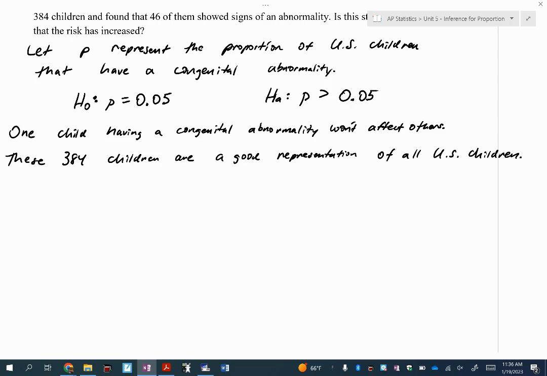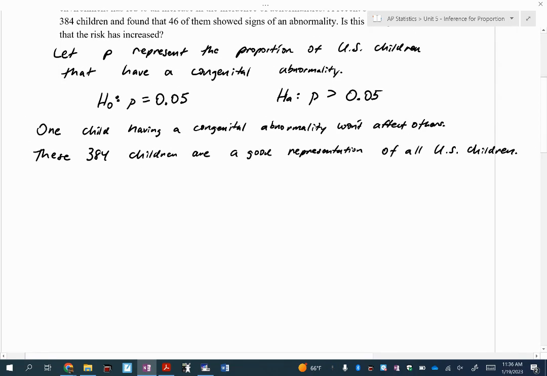Okay? Next up is the 10% condition. Actually, this one is not big enough yet. We're going to get to it. If you do it out of order, it's fine, as long as you do it all. I don't care if the order is off. The next thing I'm going to do is just make sure that's not too big. So this is where I multiply the 384 times 10, which is 3,840.